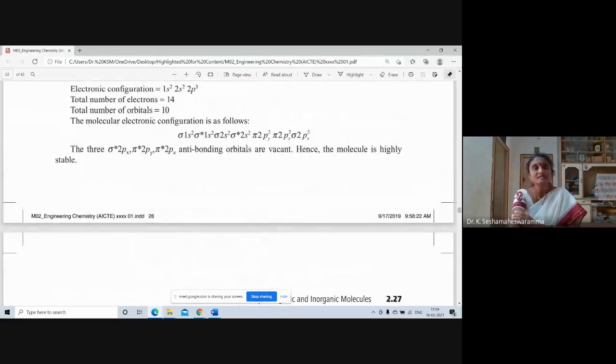This is the electronic configuration: sigma 1s2, sigma star 1s2, sigma 2s2, sigma star 2s2, pi 2py2, pi 2pz2, sigma 2px2. The anti-bonding orbitals, pi star 2py, pi star 2pz and sigma star 2px, are vacant. Anti-bonding orbitals have the highest energy; if electrons were there, the molecule would be destabilized.